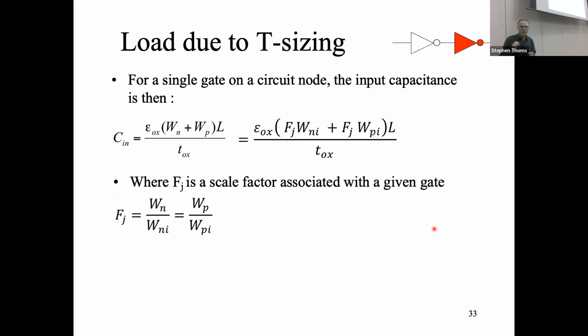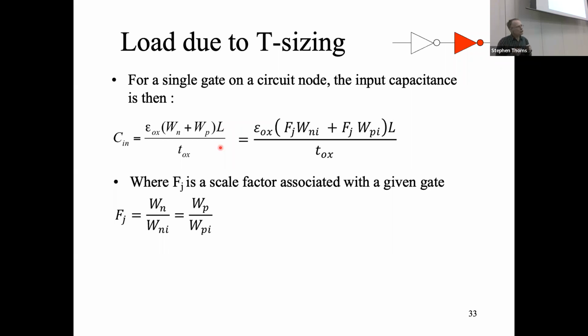Now what we're going to do is consider the load transistor, or load gate, I should say, sorry. I've highlighted it in red here. For a single gate, the input capacitance is again this equation here.